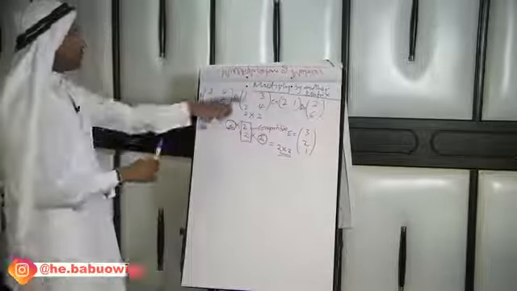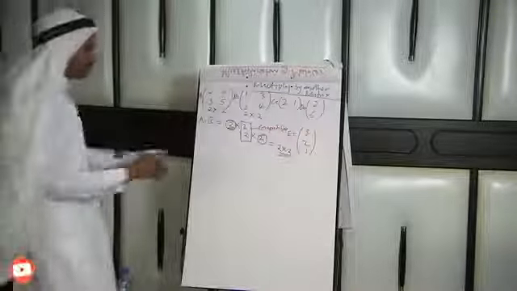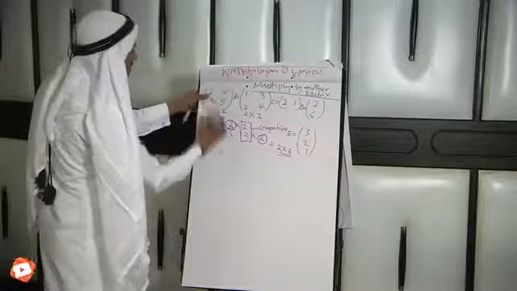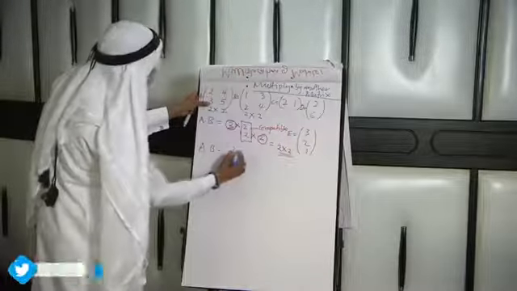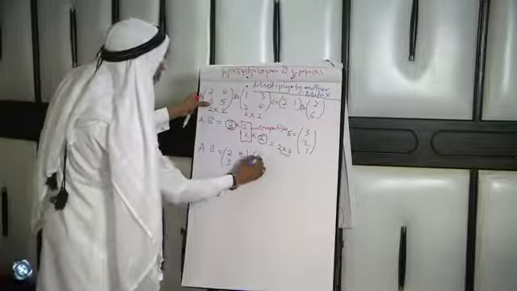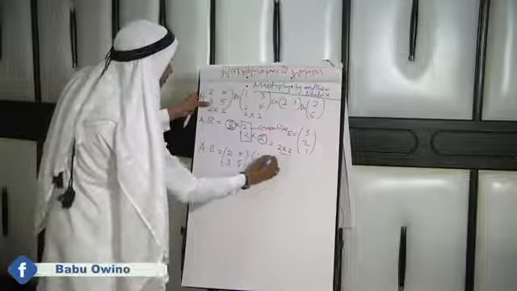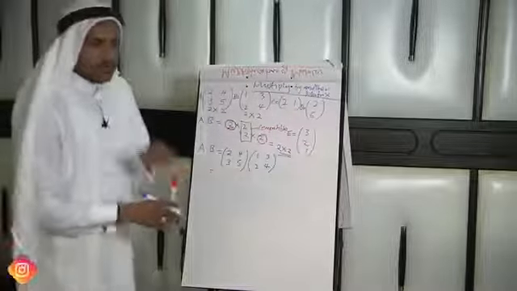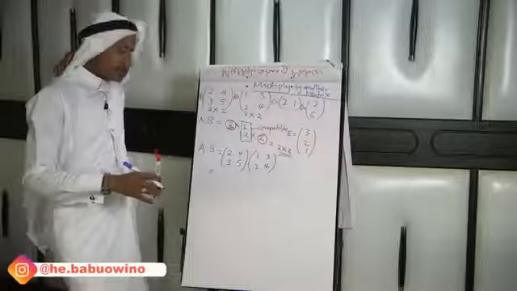Let's now multiply A by B. A multiplied by B, you get A, which is 2, 3, 4, 5, multiplied by 1, 2, 3, 4. I want you to be keen in class.